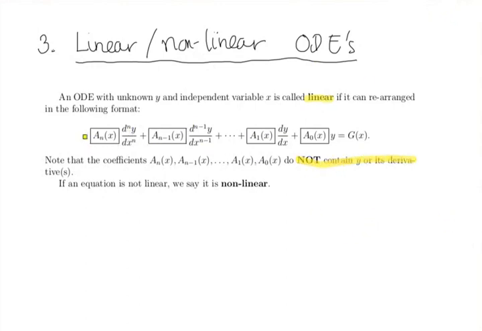So you see that the coefficients here only depend on x. The coefficient here depends on x, the independent variable. Again, only the independent variable in the coefficient. Then we have a linear equation. If the equation is not linear, then we say that this is a non-linear equation.